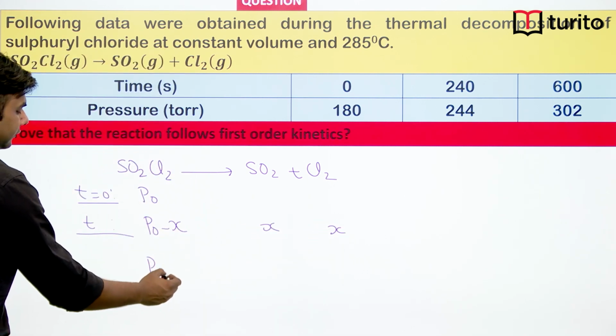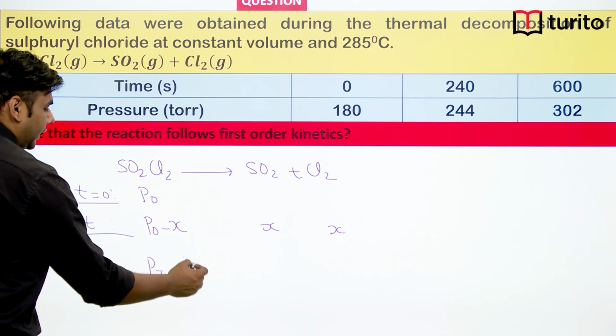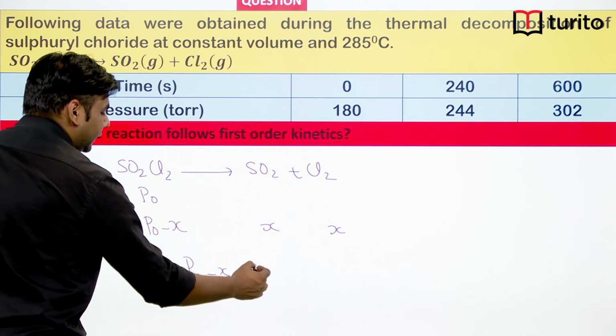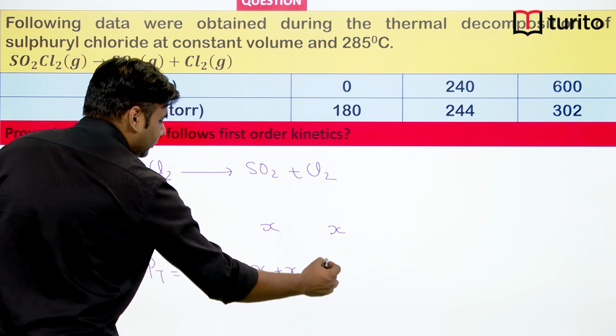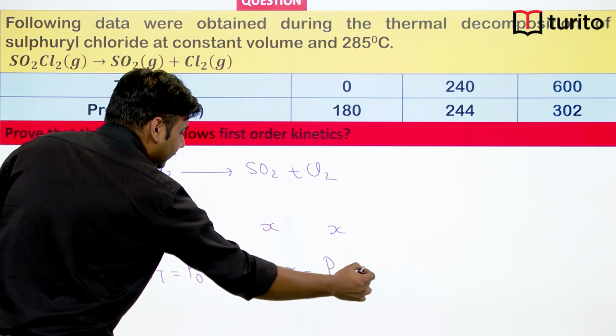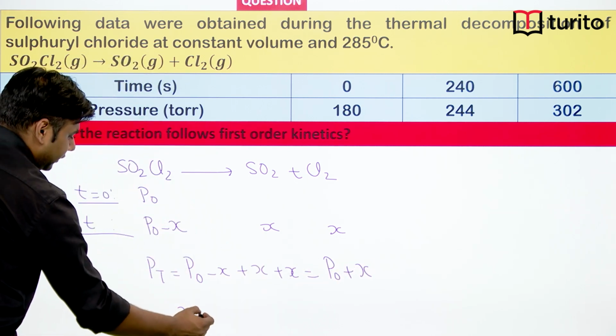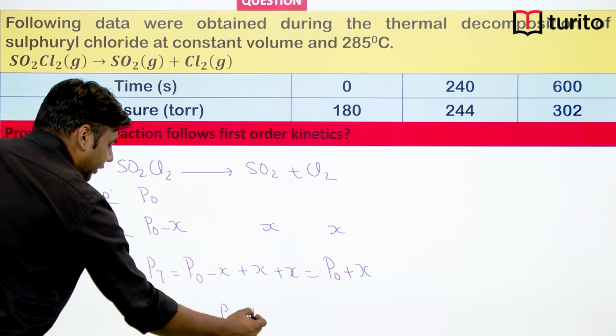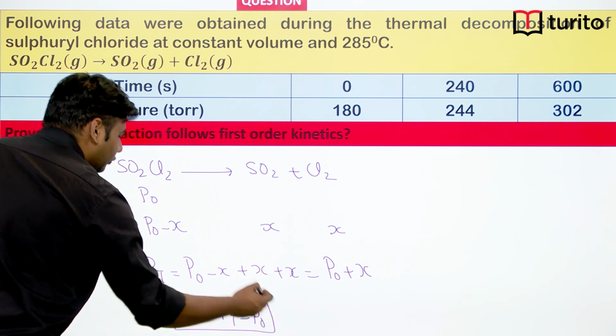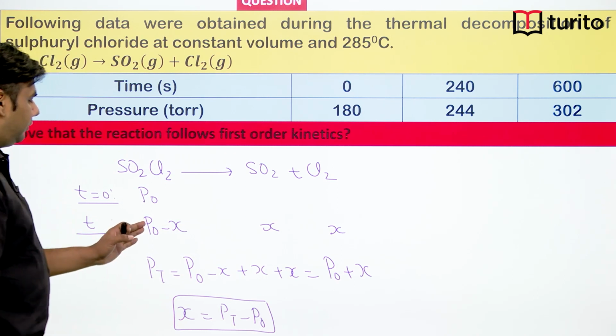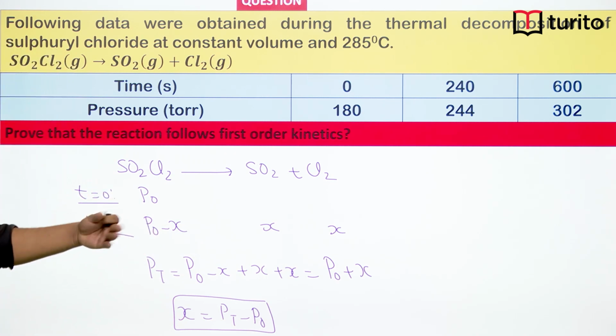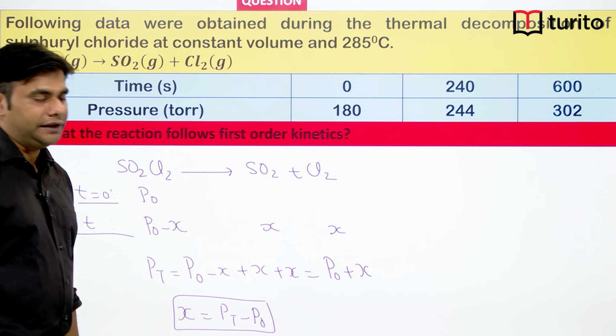So the PT will be the total pressure, that is P naught minus x plus x plus x. So this is basically P naught plus x. Okay, so x would be PT minus P naught. Okay, so P naught minus x would become P naught minus (PT minus P naught). So that would eventually add up. So the pressure of SO2Cl2 would be 2 P naught minus PT.